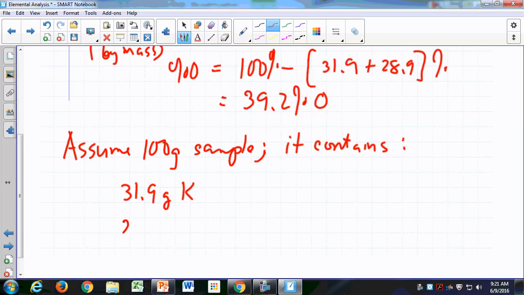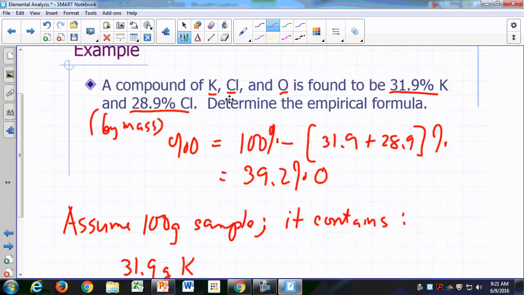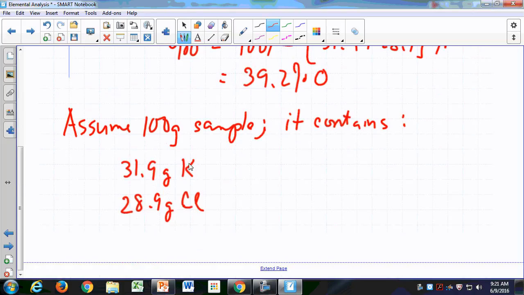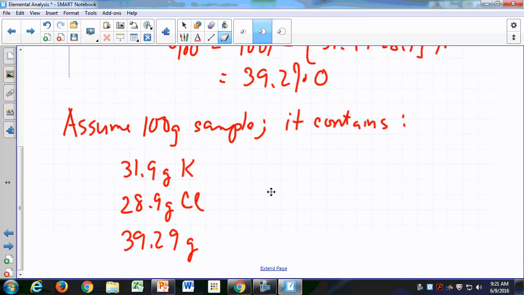It's going to have 28.9 grams of chlorine, and 39.2 grams of oxygen.